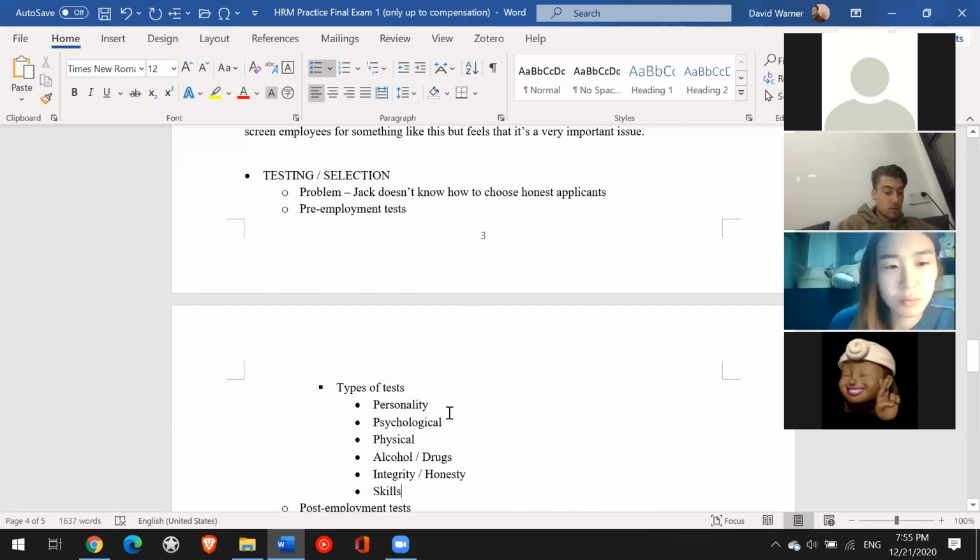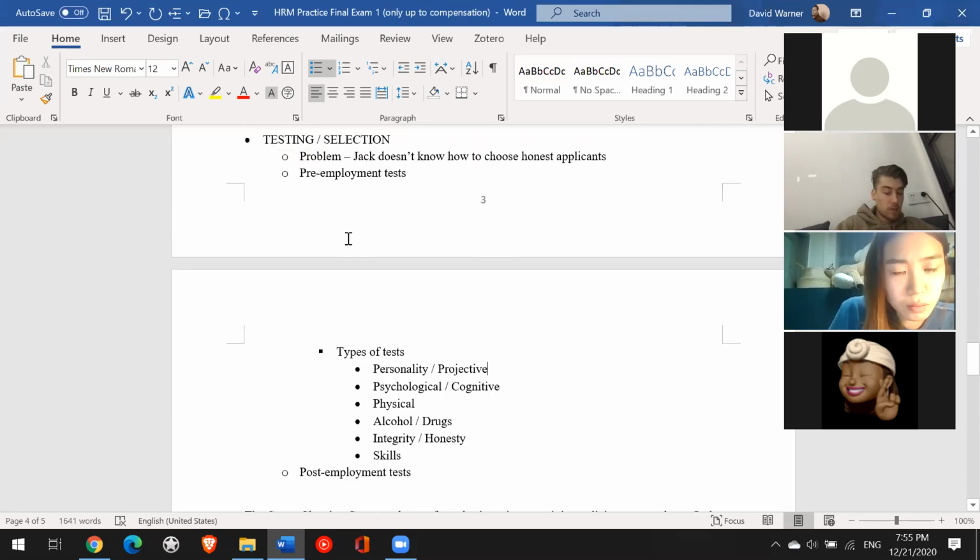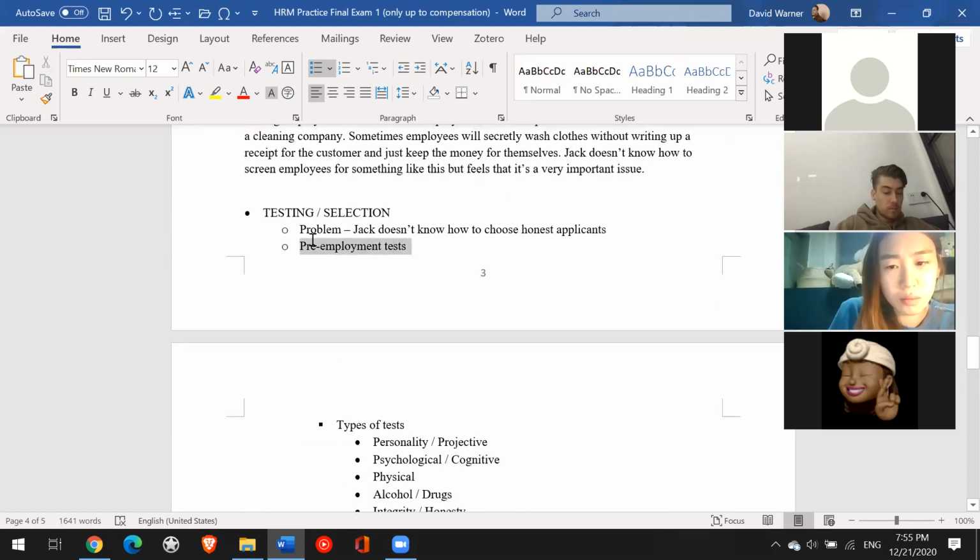Great. And with psychological, I think that also goes cognitive. With personality, I think we probably also have the projective tests, but that's good. That's our types of tests. Anything else we need to know about pre-employment tests?